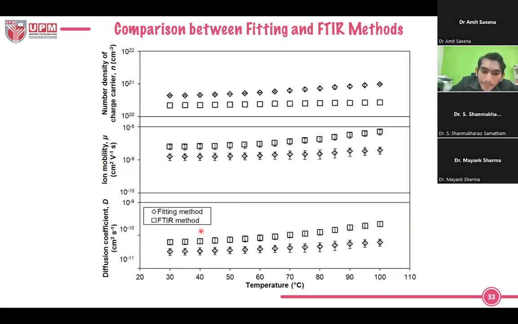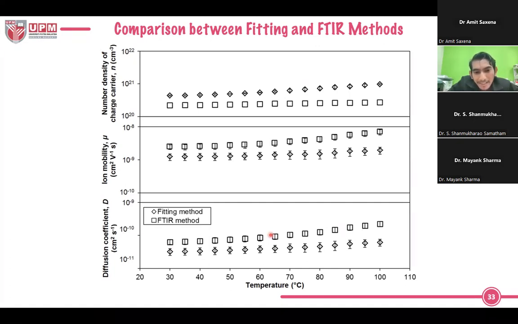So these are the results of N, mu, and D obtained from the FTIR and fitting methods. We also perform the FTIR at various temperatures, deconvolute, and calculate the values of N, mu, and D. And we can see that the trend from both methods is the same, and the values of N, mu, and D are not too far apart. They are close to each other, meaning that the value obtained from the fitting method is close to the FTIR method.